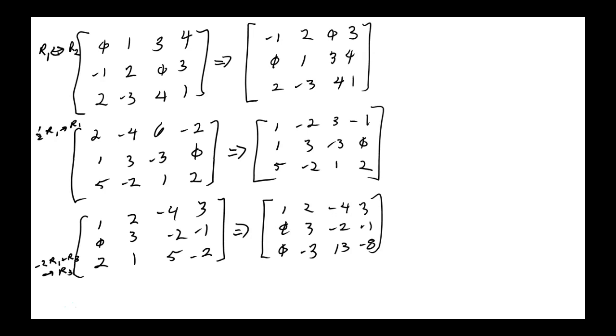Now, back in section 1.1, any questions so far? Got it? Back in section 1.1 in example 7, you used Gaussian elimination with back substitution to solve a system of linear equations. This next example demonstrates the matrix version of that Gaussian elimination.